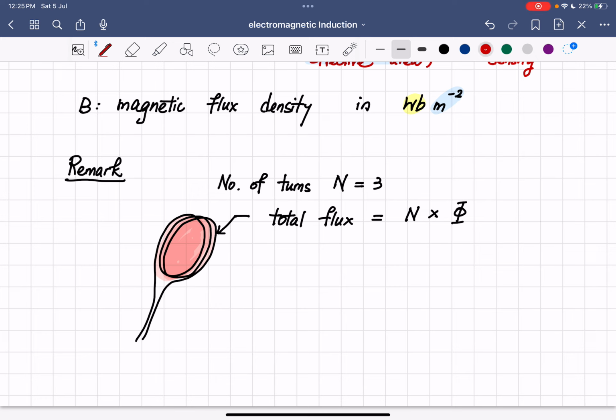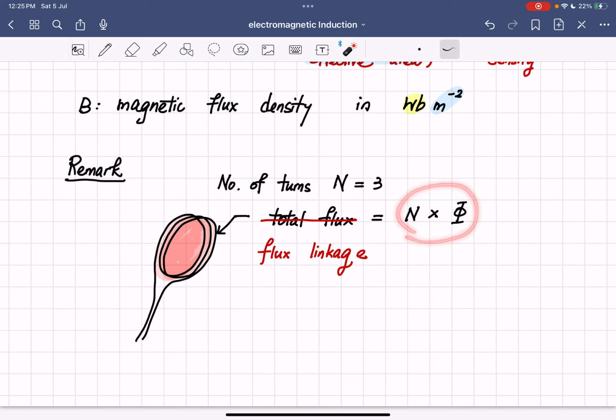We don't call this the total flux; we give it another name. We call it flux linkage. Essentially, it just means N, the number of turns of a loop, times the magnetic flux for each loop. We say, oh, this is the magnetic flux linkage of the coil, for example. Then we will use this kind of language.